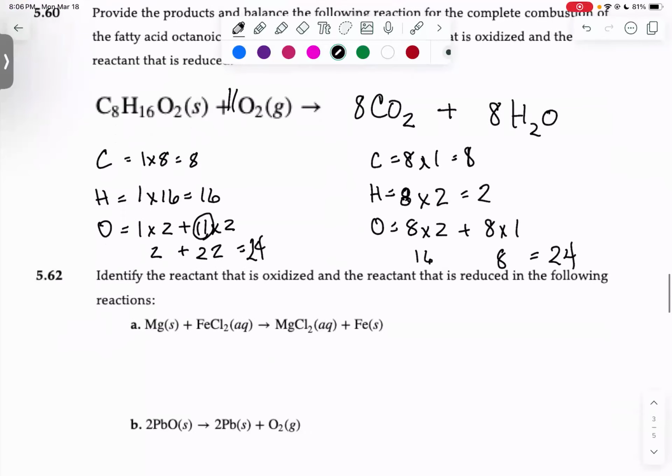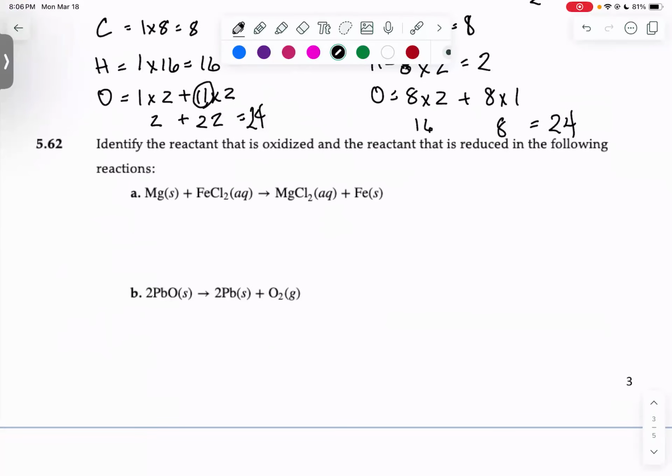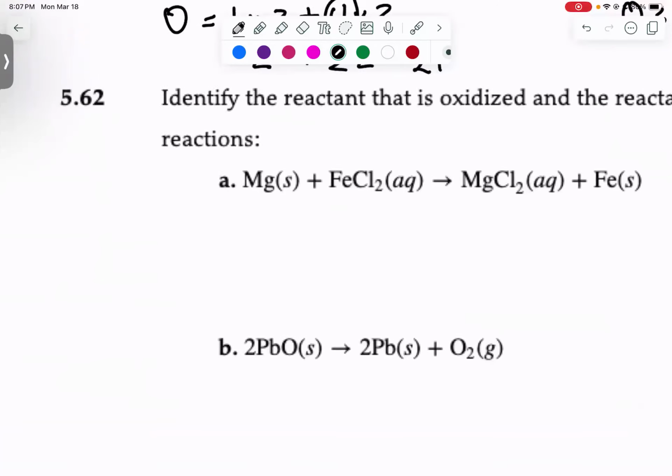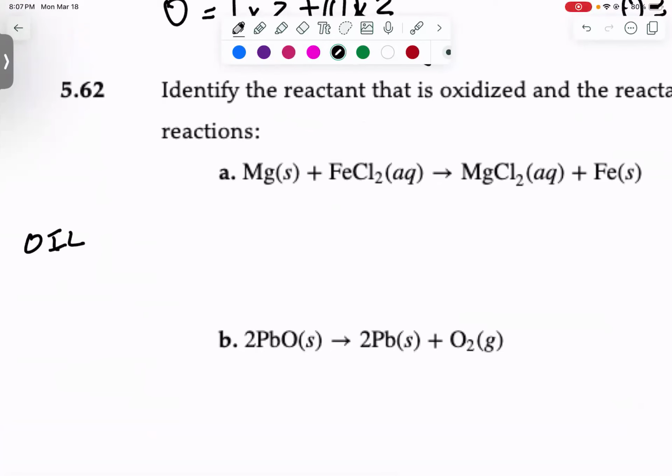All right. Identify the reactant that's oxidized and the reactant that is reduced in the following reactions. Here we have inorganic molecules. I can see that I have metals and non-metals. And so here I have to track my electrons. So I'm going to write my little OIL RIG.